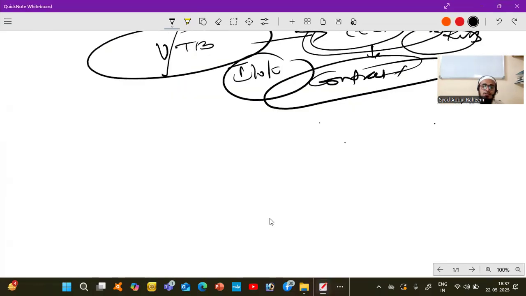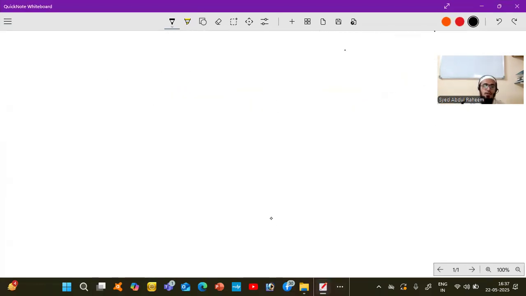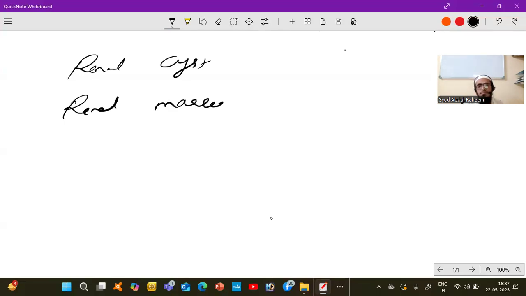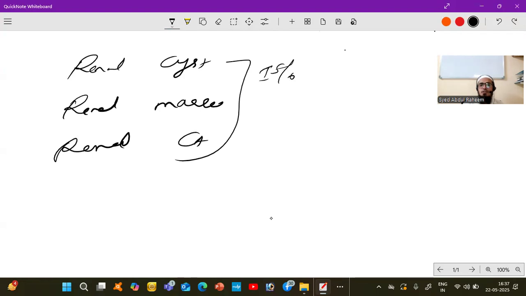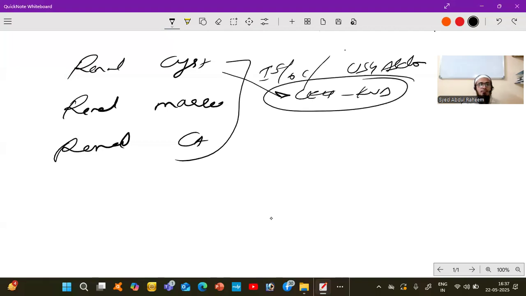So what is the investigation of choice? We have renal cyst, renal masses, and renal cancer. For all of these, the first investigation of choice is USG abdomen. Second, for cyst, CECT KUB is enough.